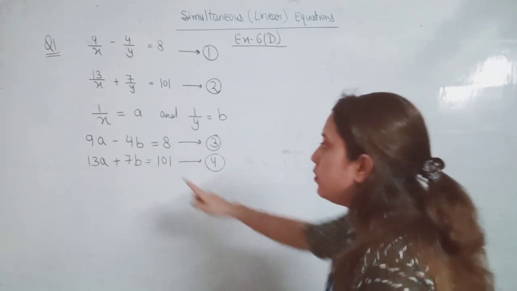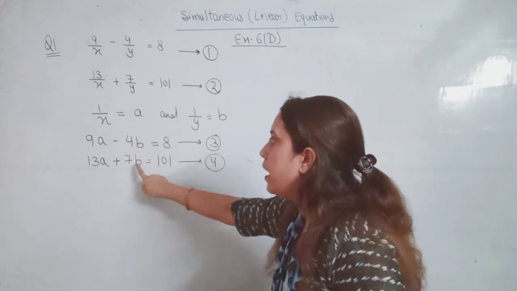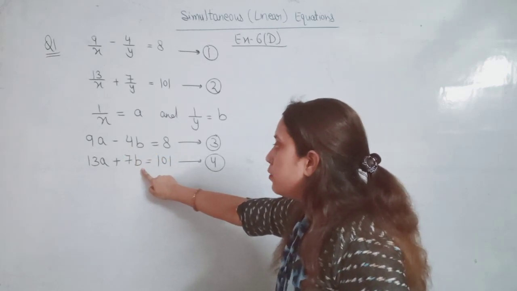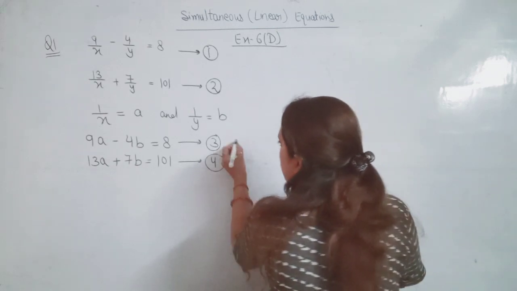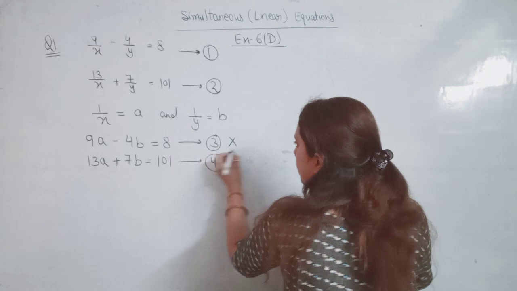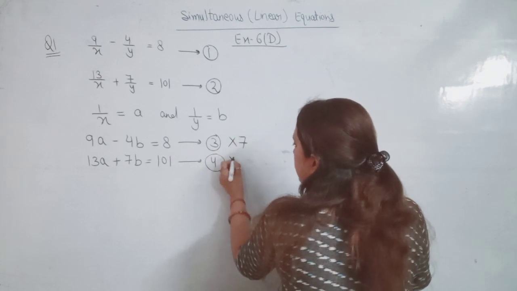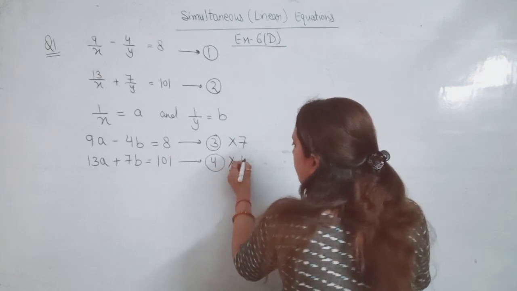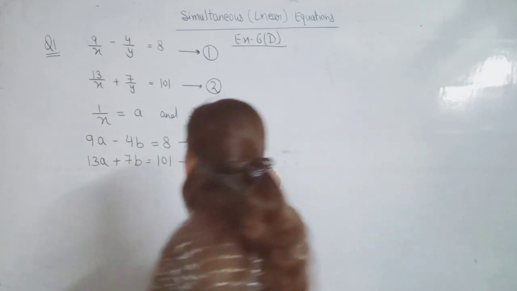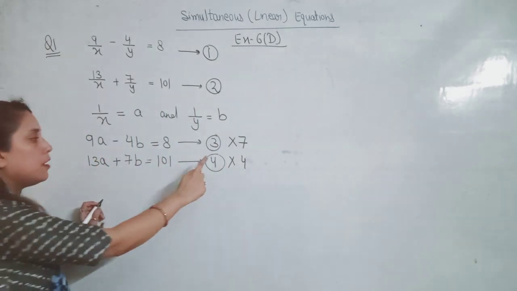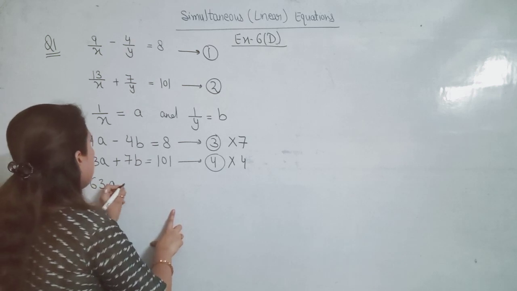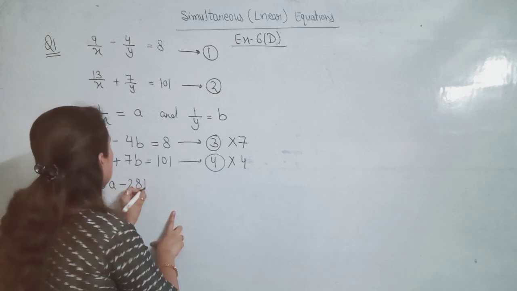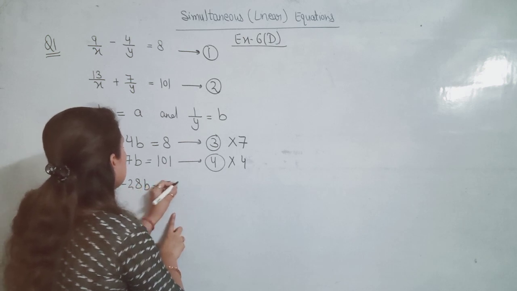So the coefficient of b in equation third is 4, and in equation 4 is 7. So for equating the coefficient, we will multiply equation 3 by 7 and equation 4 by 4. So it will be 9 into 7, 63a minus 28b is equal to 56.